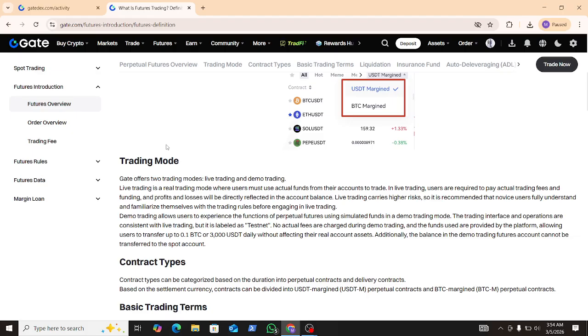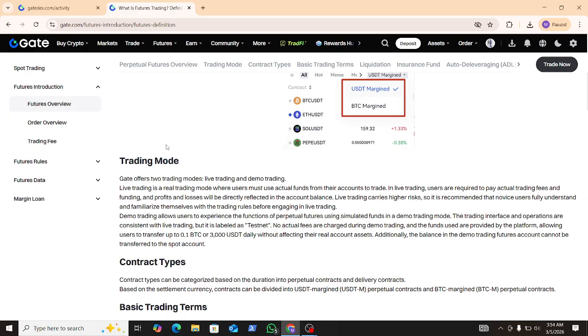In live trading, users are required to pay actual trading fees and funding, and profit and loss will be directly reflected in the account balance. Live trading carries higher risk, so it is recommended that novice users fully understand and familiarize themselves with the trading rules before engaging in live trading.